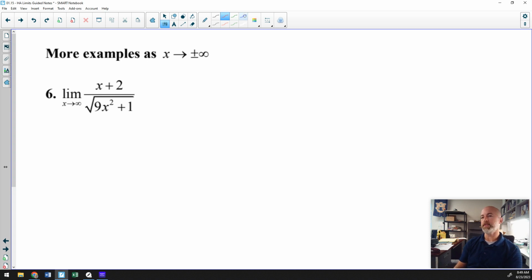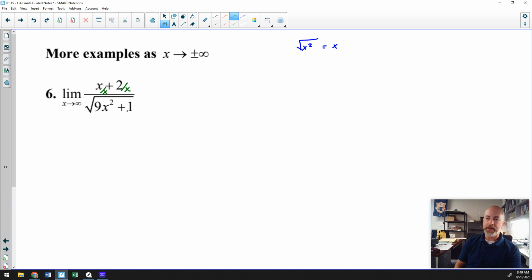And you may be looking at this and thinking, well, the high power of x is x squared, but that is a square root of x squared, which would be the same thing as x. So while that looks like an x squared, I'm actually going to divide everything by x to the first. Divide by x, divide by x.